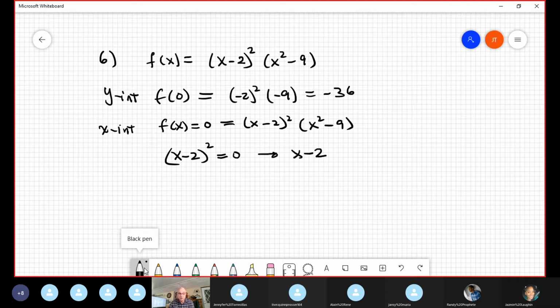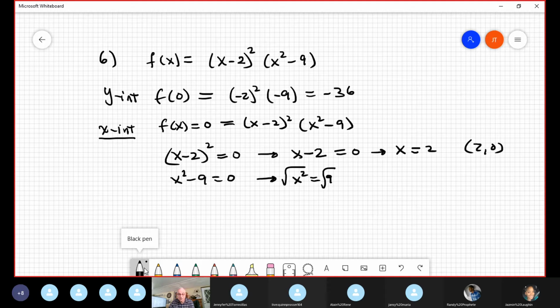Of course, it's multiplicity 2, but it's okay, I don't care about that part. So x equals 2. This is the point 2, 0, an x-intercept. Another x-intercept: x squared minus 9 equals 0. x squared equals 9. Apply square root to both sides or factorization, either way, like a difference of squares. So x is equal to plus or minus 3.